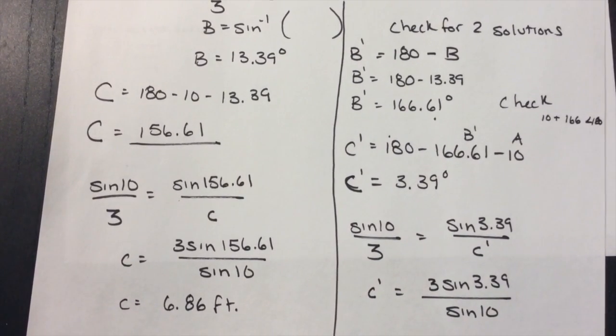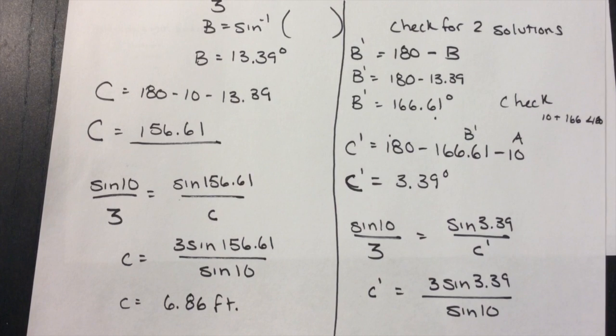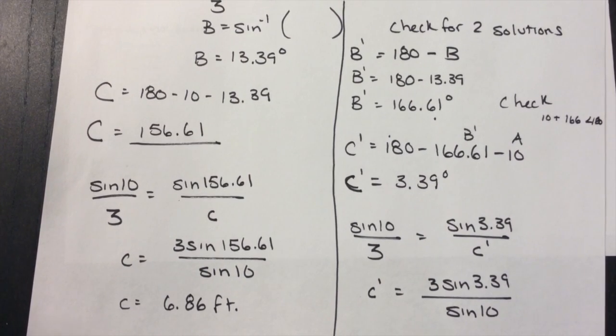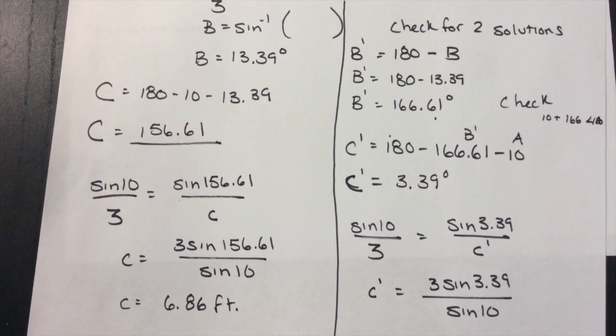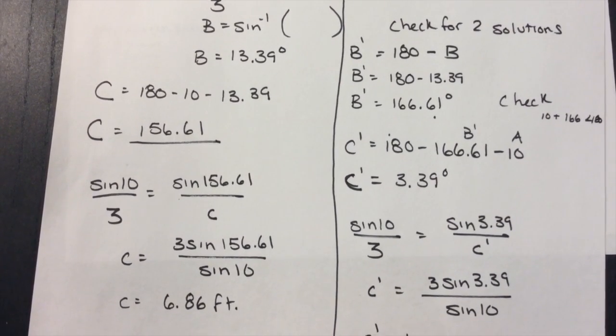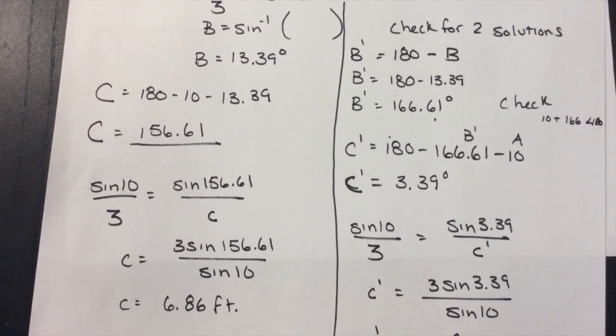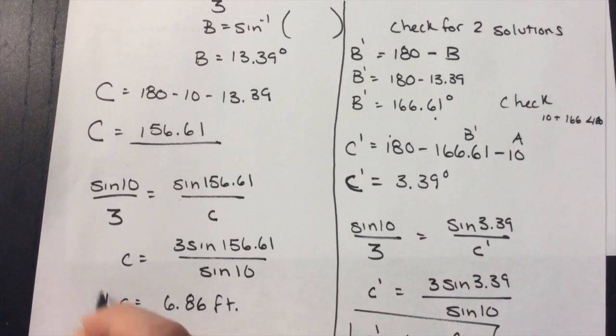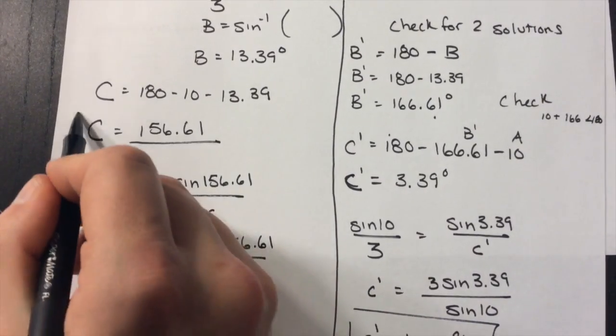So just type that into my calculator again, 3 sine 3.39 divided by sine 10. I get c prime equals 1.02 feet.